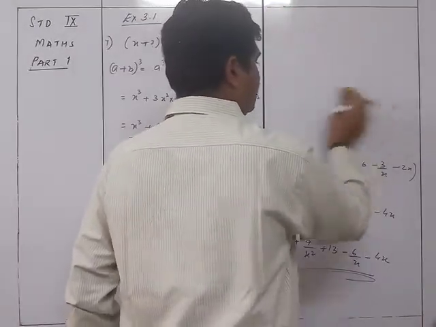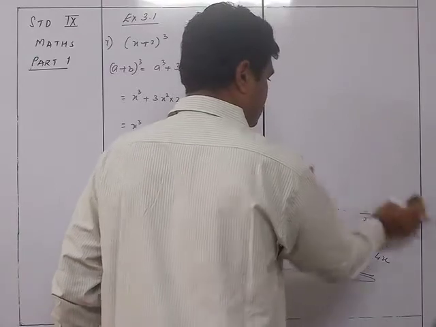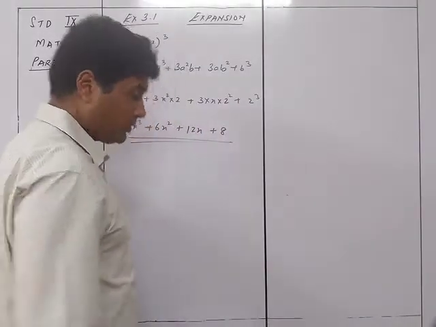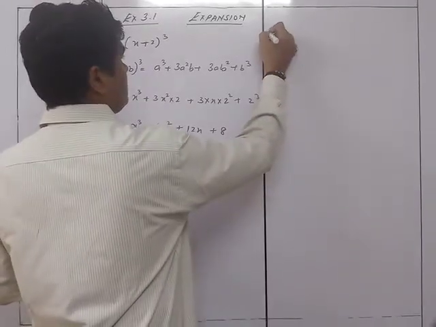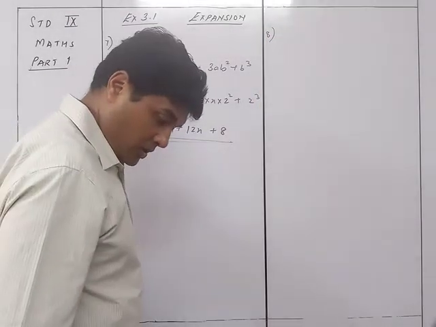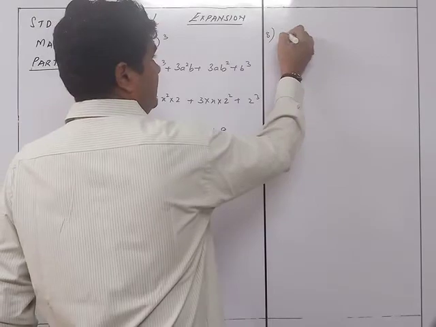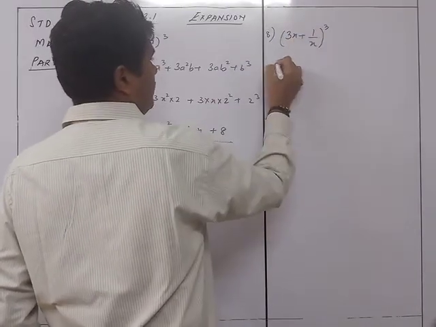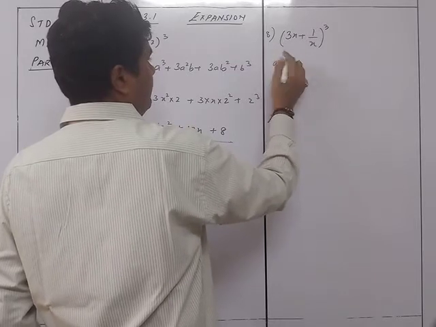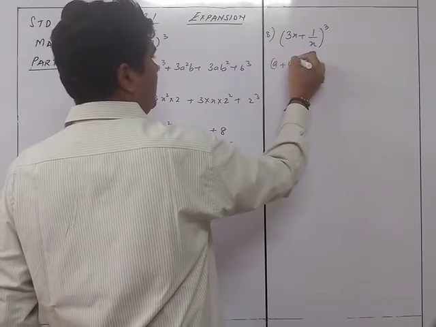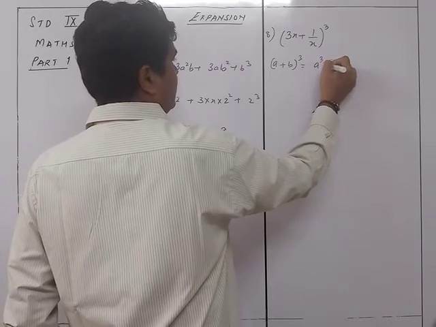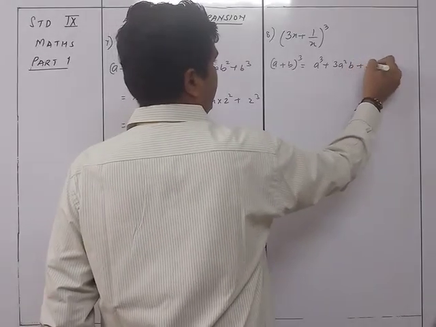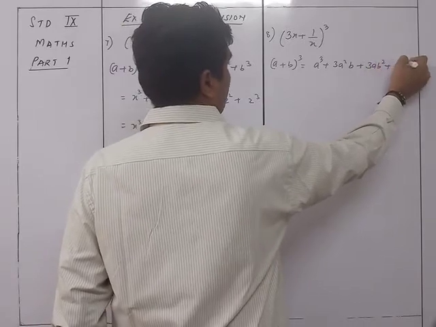We now move on to sum number 8. It is (3x + 1/x) the whole cube. So again the same formula: (a + b) the whole cube is equal to a cube plus 3a square b plus 3ab square plus b cube.